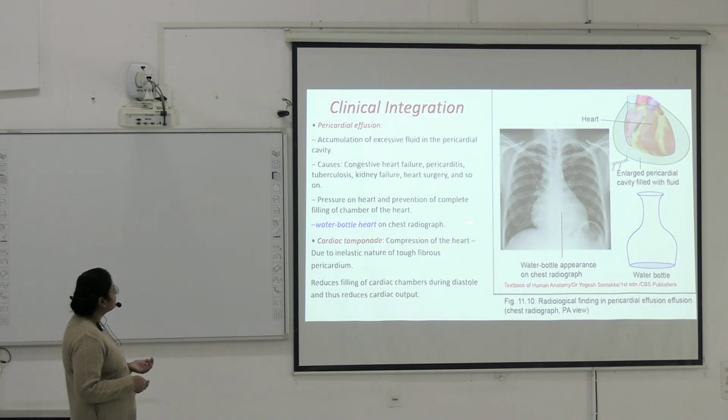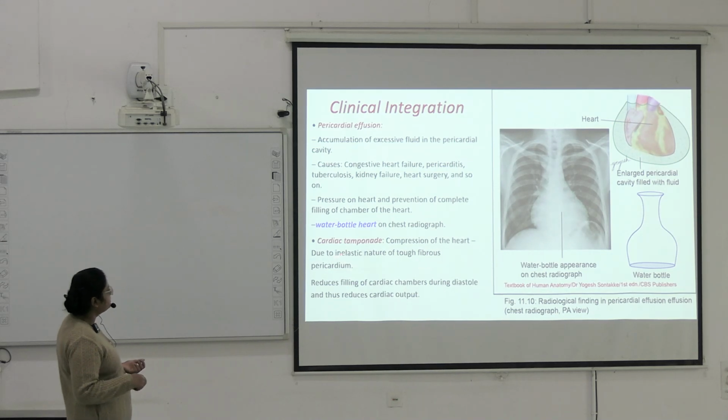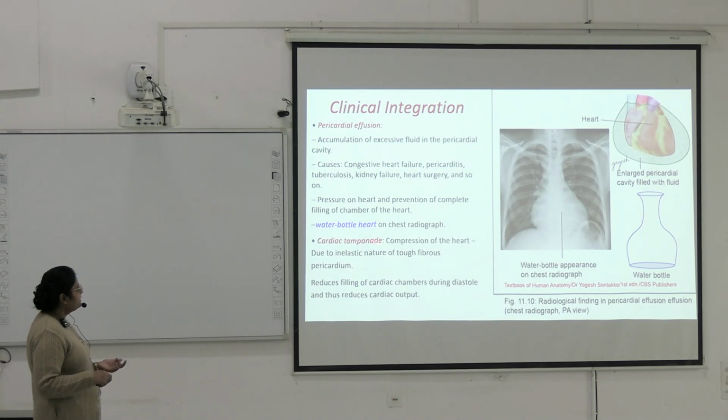Okay, so cardiac tamponade, here is compression of the heart due to inelastic nature of tough fibrous pericardium. There will be compression over the heart due to accumulation of fluid within the pericardial cavity, and it reduces filling of the cardiac chambers during diastole and thus reduces the cardiac output. That is the effect of cardiac tamponade.